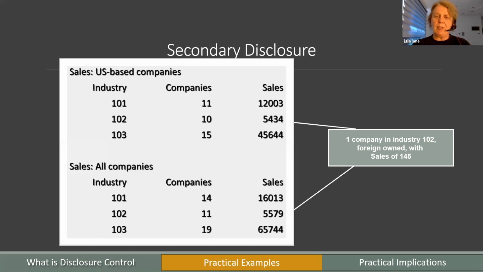And in a very famous example, and one of the reasons the Census Bureau is rightly concerned about the 2020 census, they calculated that for the 2010 decennial, they had released over 5 billion cells, and you were able to identify the characteristics of 50% of the population as a result of the release of 5 billion tables.